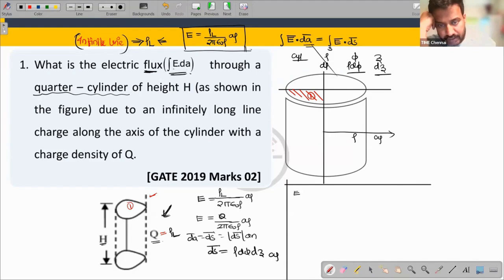If I go for E dot dS, it is Q by 2 pi epsilon naught rho a rho dot rho d phi dz a rho. a rho dot a rho is 1. One of the rho gets cancelled here.